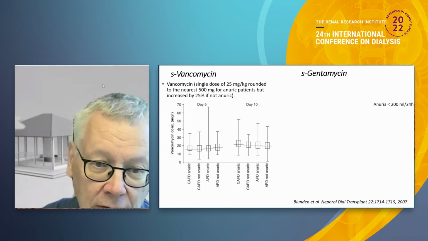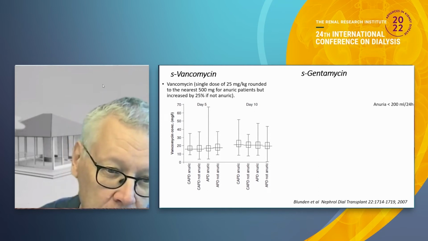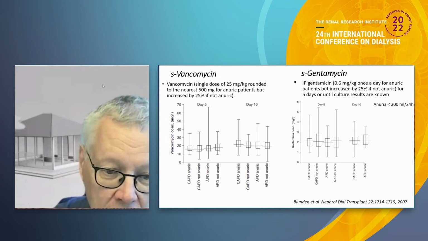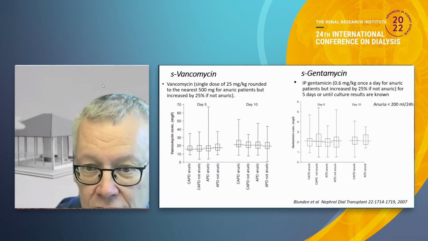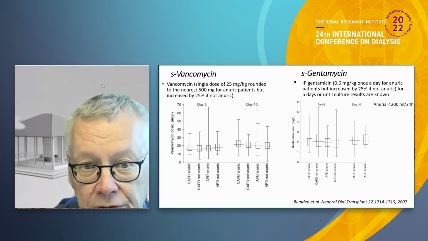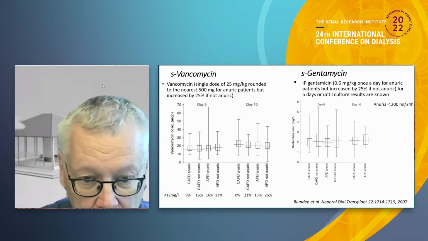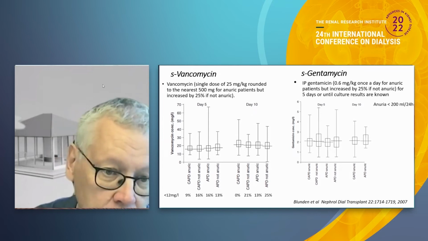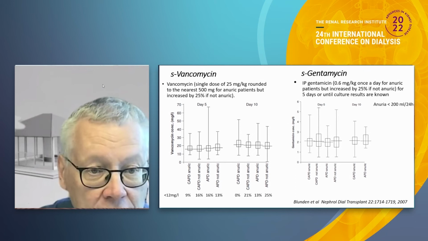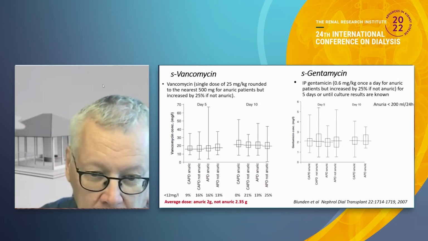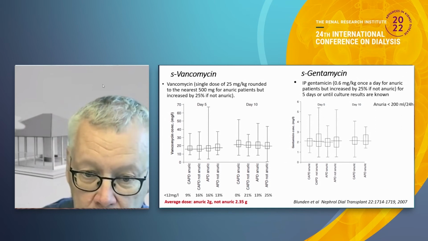This is some data from the UK, from Stanley Fan's group, looking at vancomycin concentration after 5 days and 10 days, and also gentamicin, where they gave one dose every day, as recommended by the ISPD. You can see that a significant number of patients had antibiotic concentrations in plasma after 5 days that were too low, in spite of giving about 2 grams.